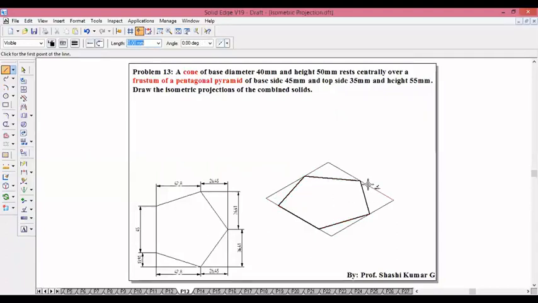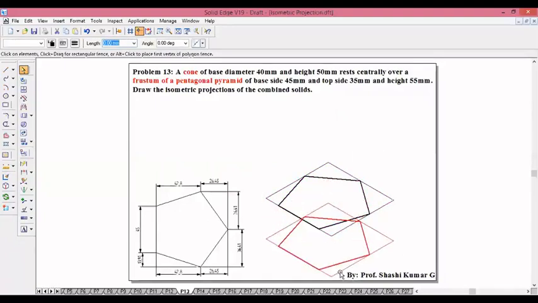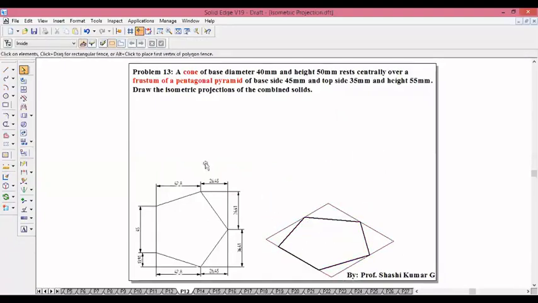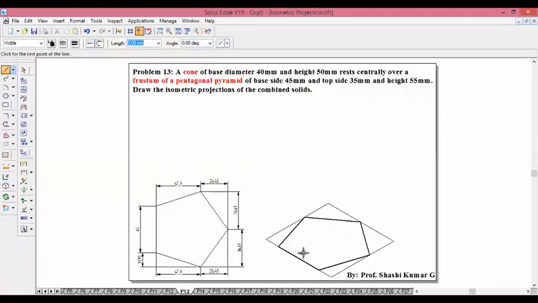So this is the base pentagon we got. So now this is the frustum of the pentagon pyramid. Find the center by joining a corner to the opposite midpoint. You take another corner and join to the opposite midpoint.